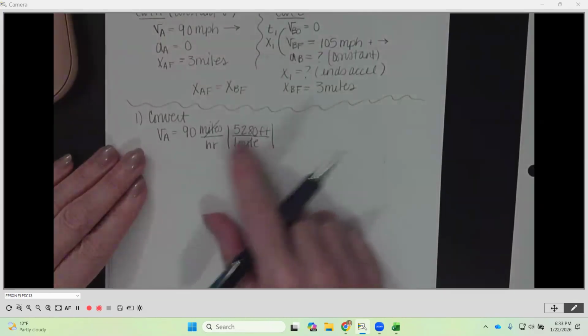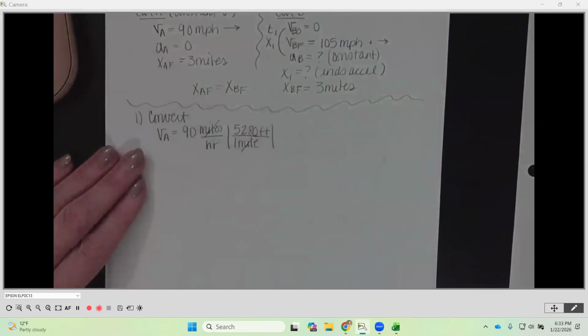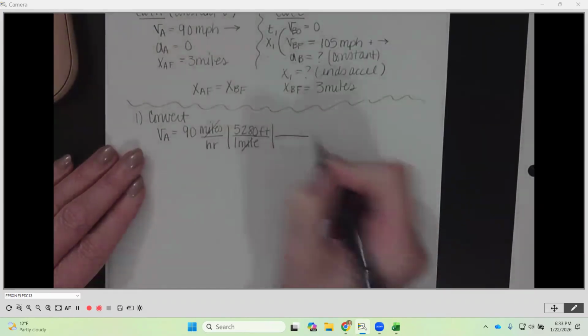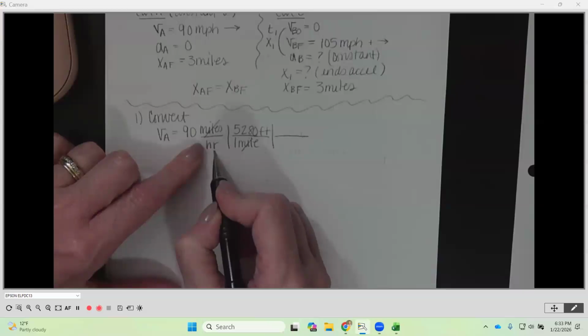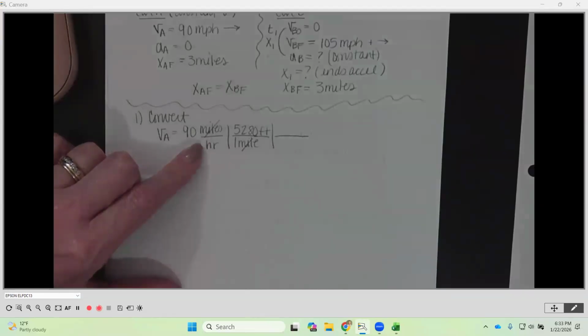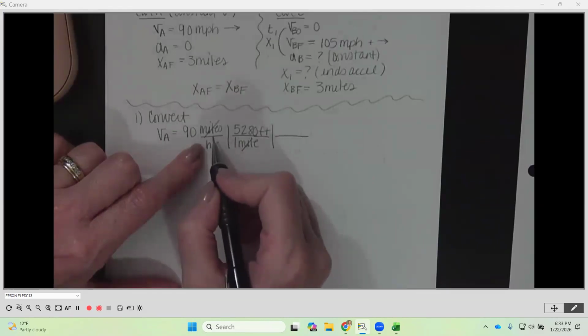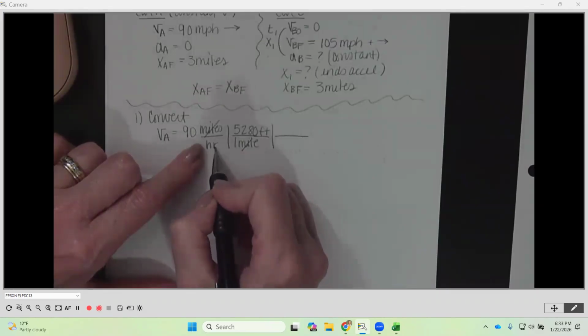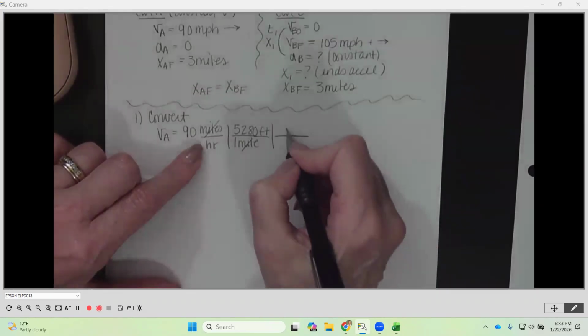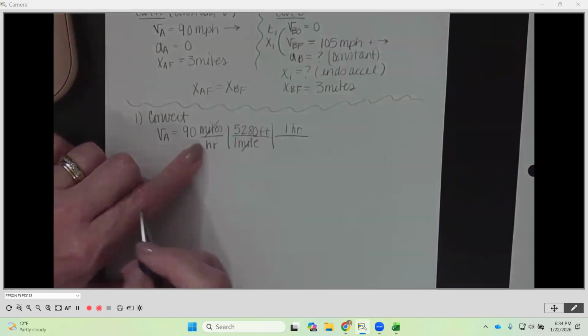So now we're in feet per hour. We want to get to feet per second. Hours is in the bottom here. Remember, when we're in miles per hour, the per is our horizontal line for our fraction, and the hour is in the denominator. Since it's on the bottom, hour has to go on the top. So we're going to put 1 hour on the top.